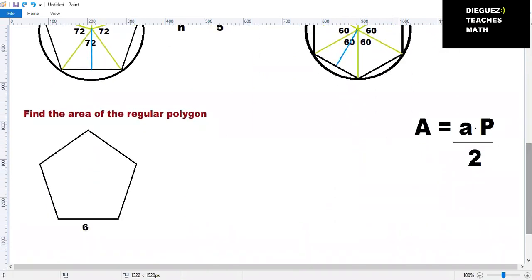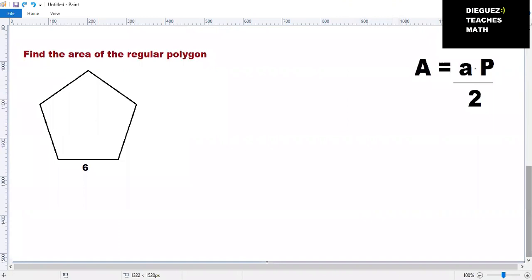And in this example, I'm going to want to find the area of the regular polygon with sides 6. So if I recall, my formula says, hey, the area is the apothem times the perimeter, all divided by 2. So I can easily find out the perimeter.